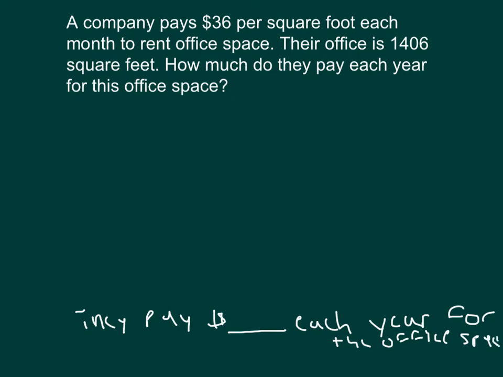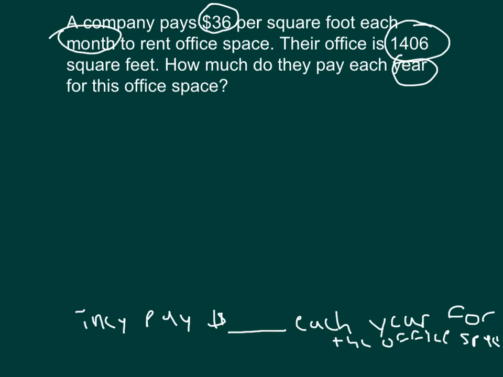So we have to figure it out still. Within the problem, some things that are important is the $36 per square foot, but then it's each month. But we want this over a year. And the other thing that's important is that it's 1,406 square feet. In other words, their office is that amount.